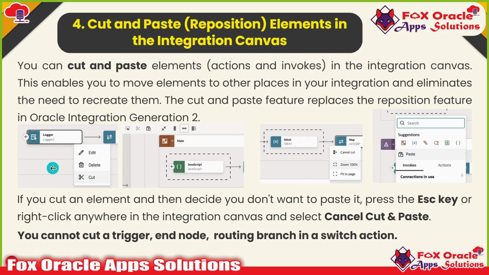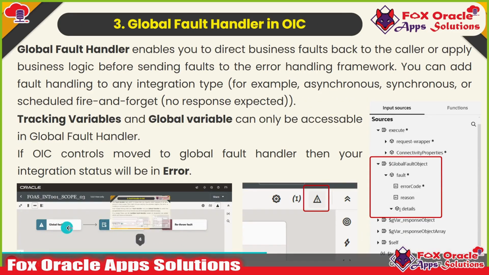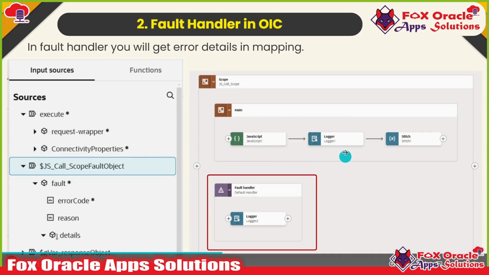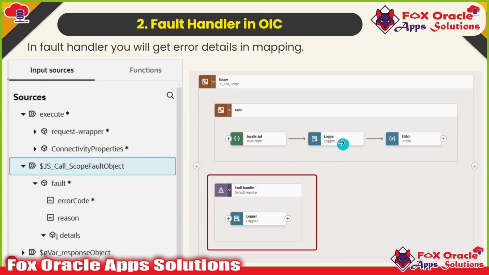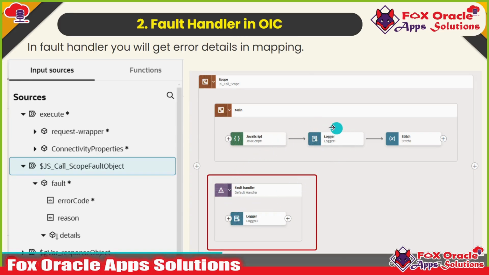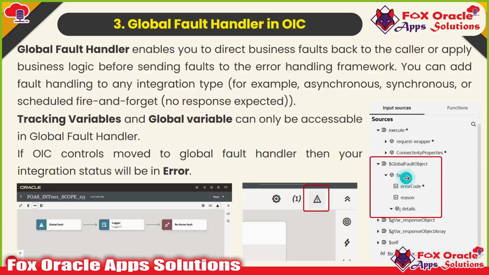For example, here we have three elements, and if you want to move the logger from here to any other position, we have to cut this logger and we can place it anywhere. Here we have this logger one, and if you want to move it outside this scope, or into the fault handler or anywhere else, you can do all these things using cut and paste.